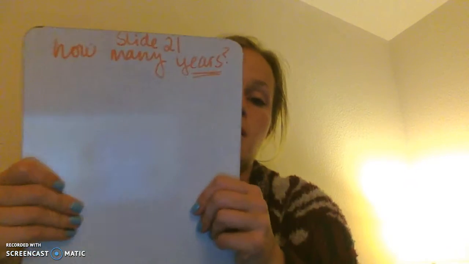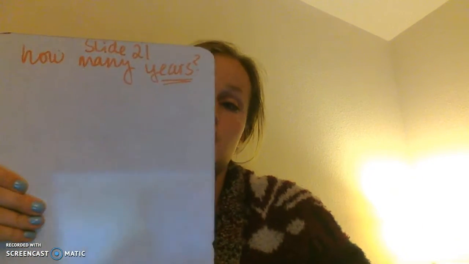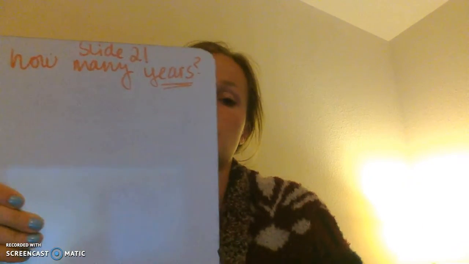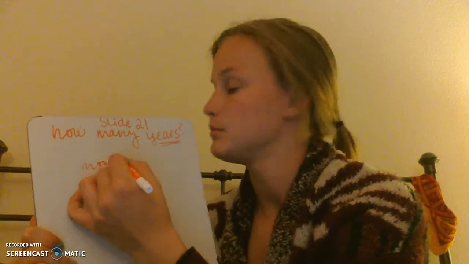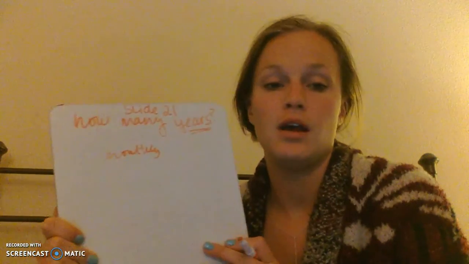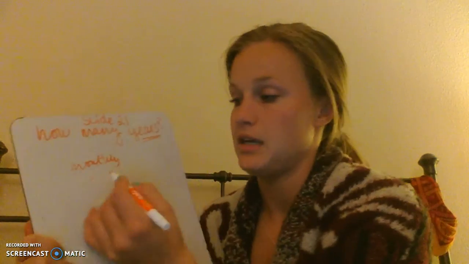This next one is how many years it's going to take. The keyword in this one is when it says monthly. That means you're going to have to use this equation.